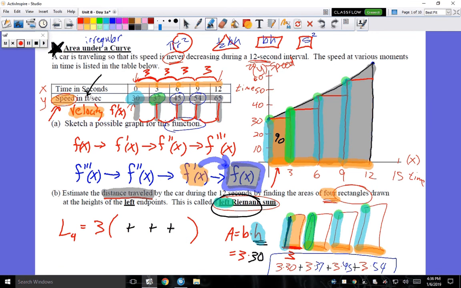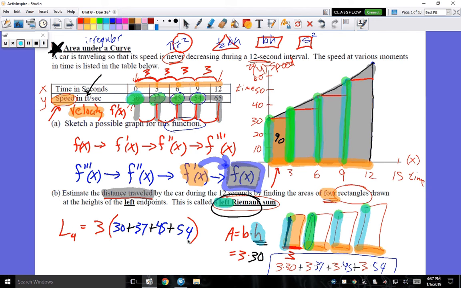Okay? So one more time, let me highlight. They're this, this, this, and this. These y values are the y's that are going to be the 4 furthest left y values, which in this case are 30, 37, 45, and 54.